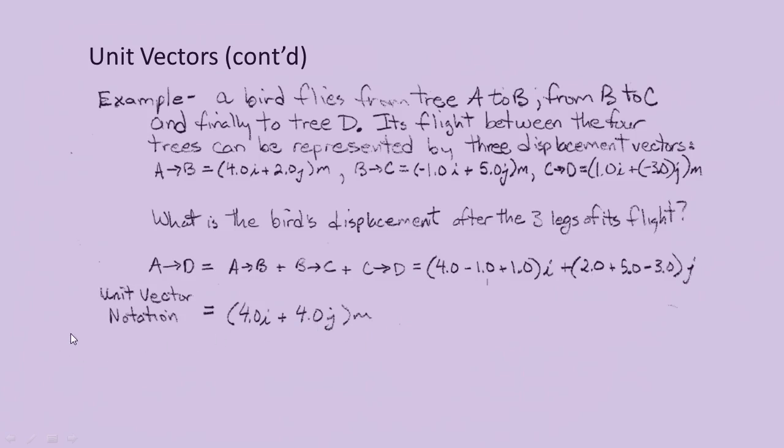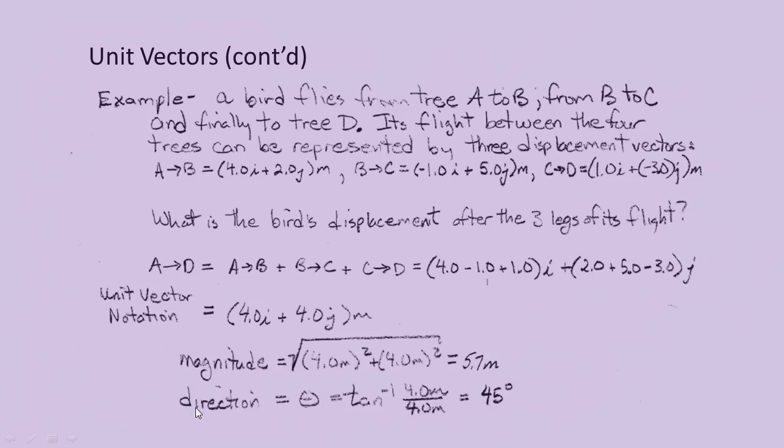And now if we were asked to find the magnitude and direction of that, we would simply use the Pythagorean theorem to find the magnitude, and the magnitude of that total displacement would have been 5.7 meters, and the direction of that displacement would have been 45 degrees.